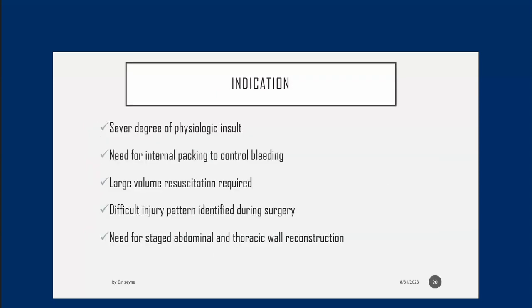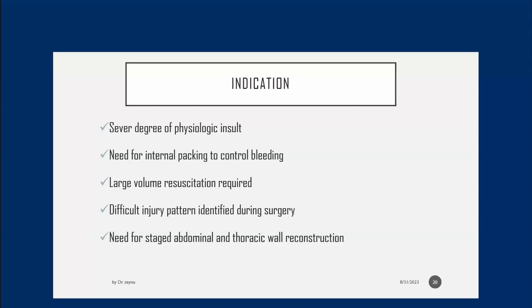And we have some indications for which patients need damage control resuscitation. Generally, there is no agreed upon hard and fast rule for which patient is going to need damage control resuscitation, but according to the experts' opinion, a severe degree of physiologic insult is one thing that needs the damage control resuscitation principle.